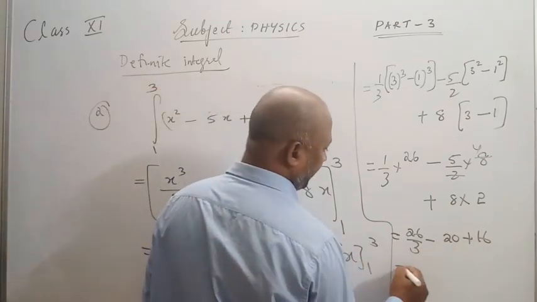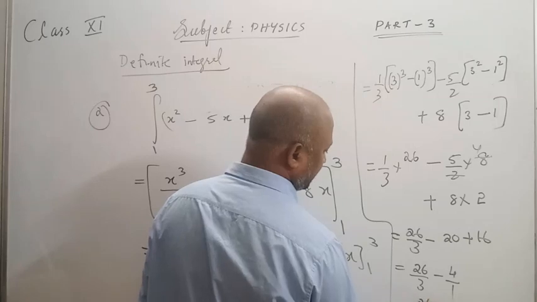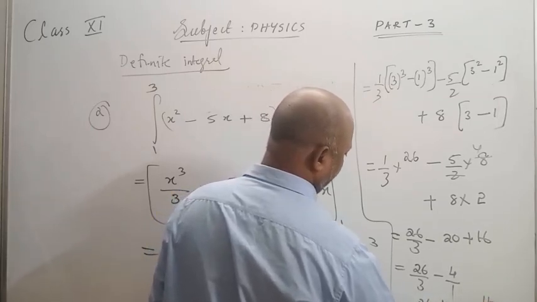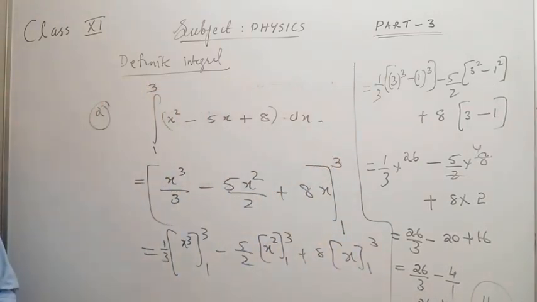These two things you can calculate. 26 upon 3 minus 4, and your answer is 26 minus 12 upon 3, which is equal to 14 upon 3. This is the answer to this question, 14 upon 3.